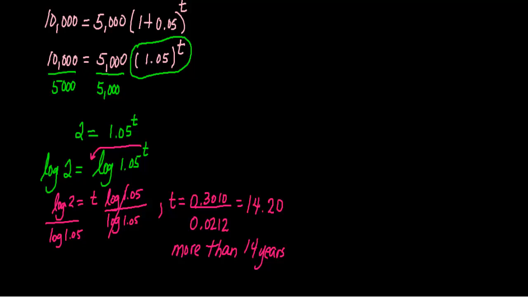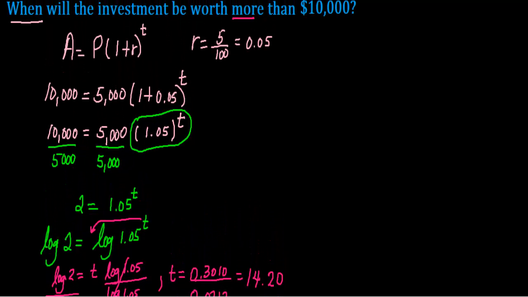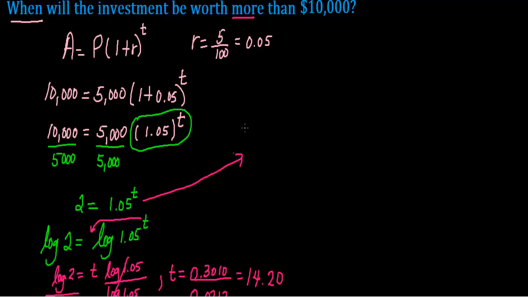Okay? The other option that I wanted to show you for solving this, right at this step, you could have done what we did, log, or you could also do this. You could have done 2 is equal to 1.05 to the T power. You could change this exponential form to a logarithmic form.